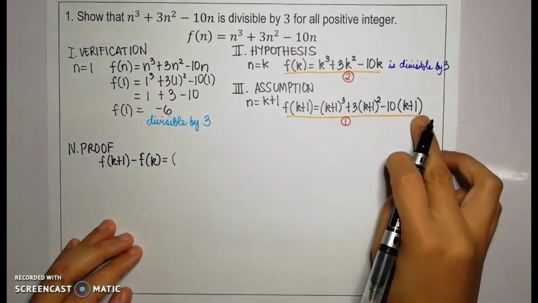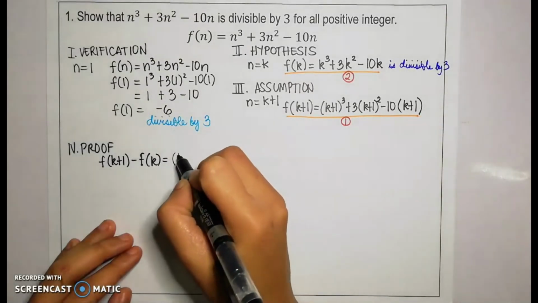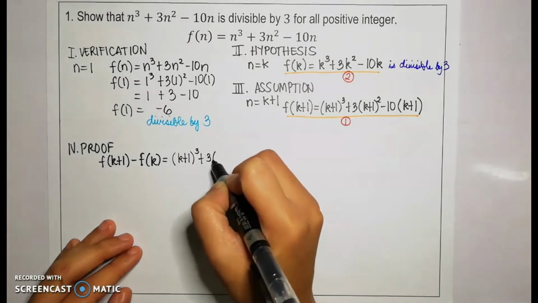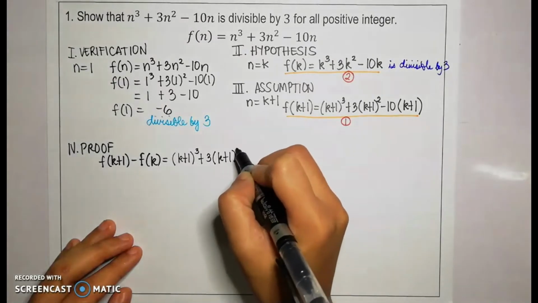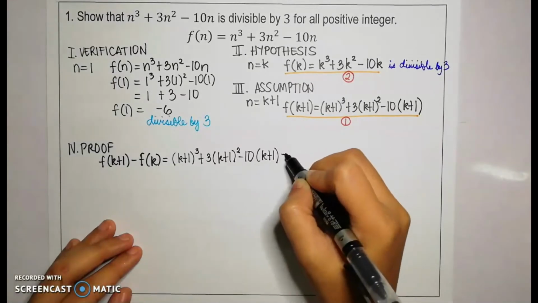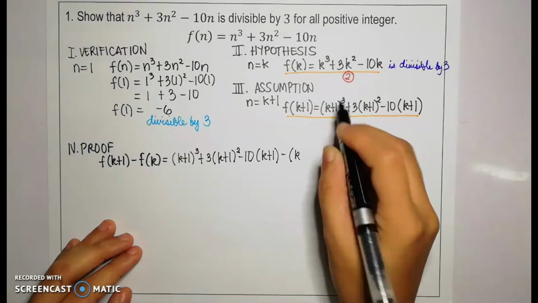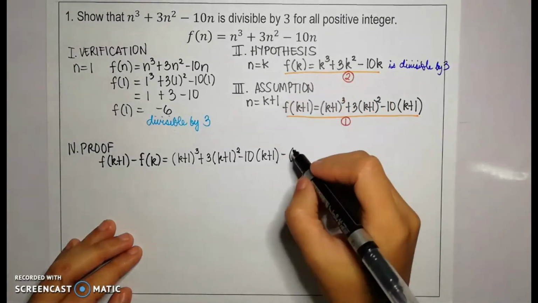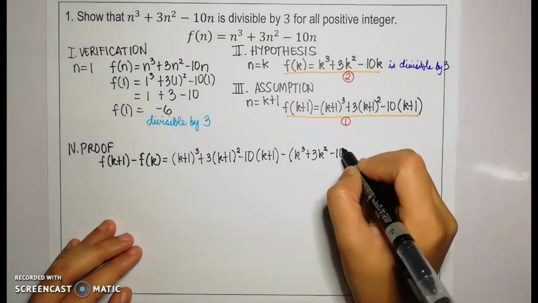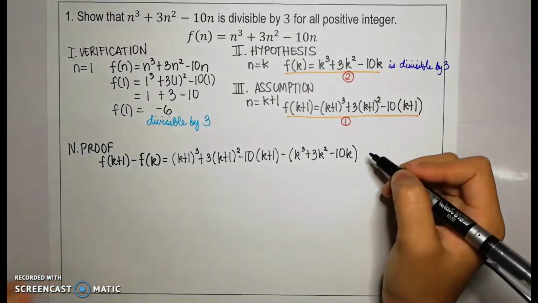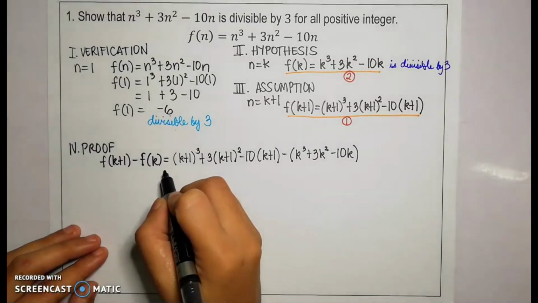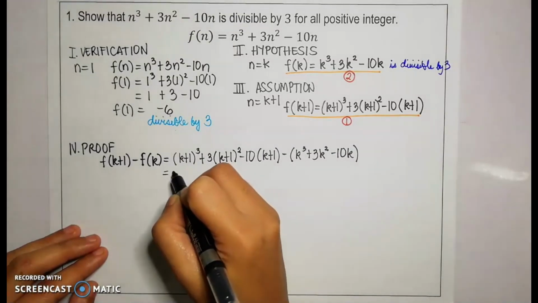We need to write this expression: the cube of k plus 1 plus 3 times the square of k plus 1 minus 10 times k plus 1, minus the expression k cubed plus 3k squared minus 10k. This is like the concept of telescoping sums. So let's expand this term.